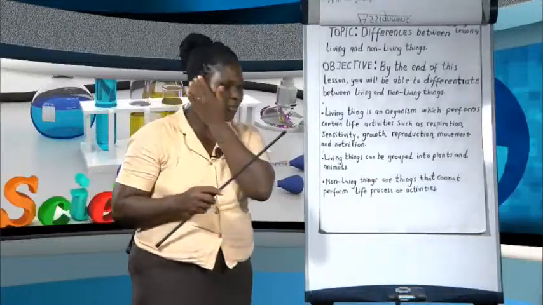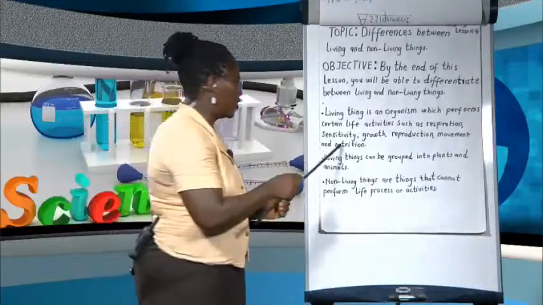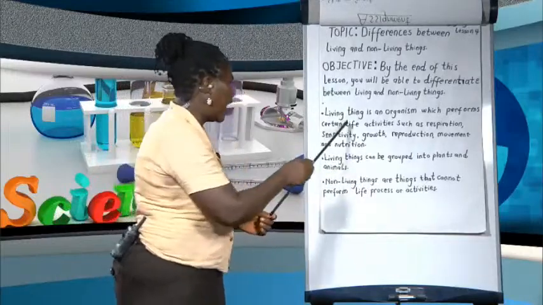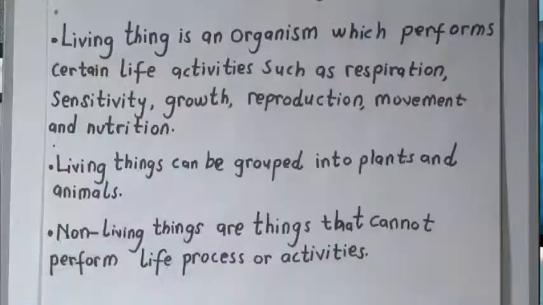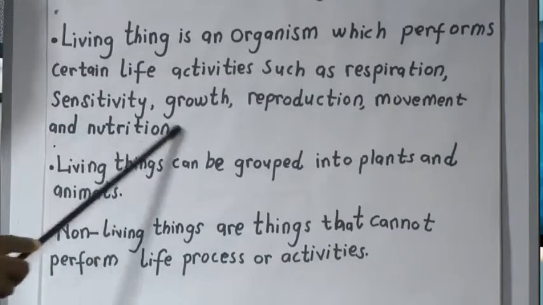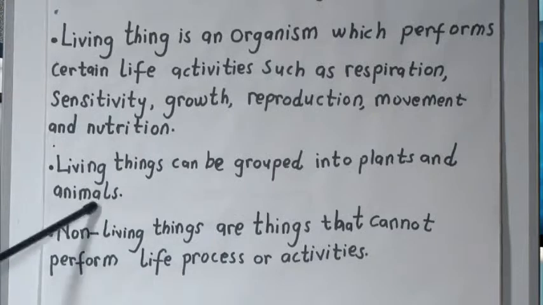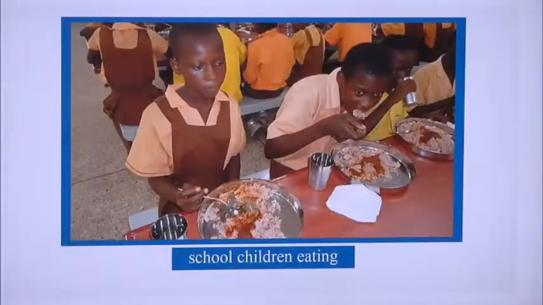And the last one, nutrition. The last life activity that living things undergo is what? Nutrition. Children, let's say it. Nutrition. Now let's go to our screen and see how nutrition is done.